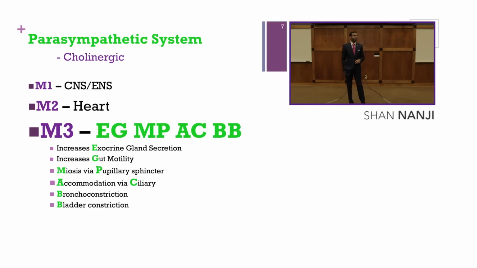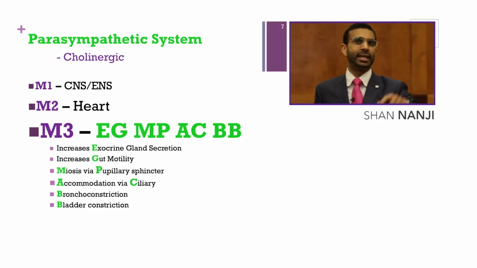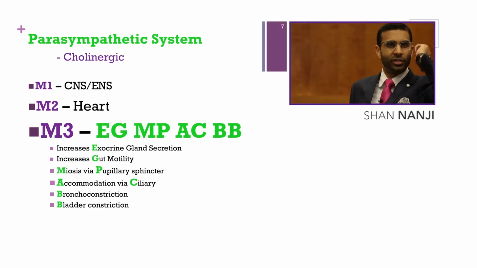dry. Which receptor can I stimulate to cause an increase in gut motility? M3. And if I increase gut motility, am I pooping more or less? More. Understand? So do I want to give a cholinergic to a patient that has diarrhea or a patient that has constipation?